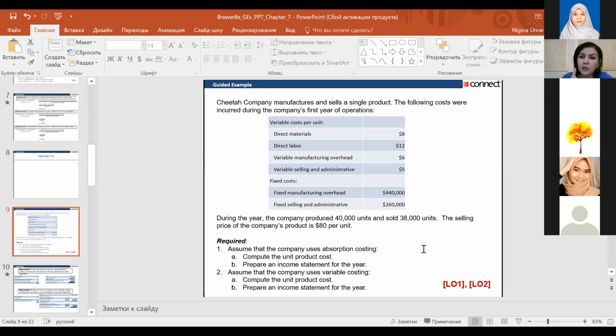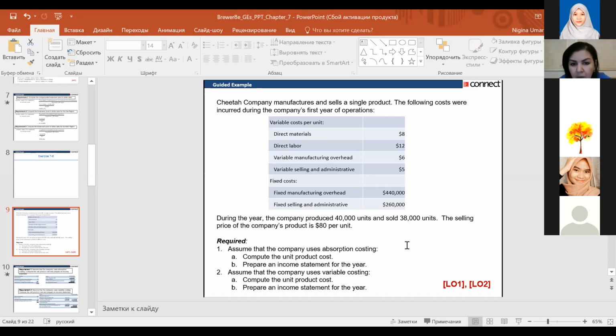Enter the cost of each unit. Direct materials. Yeah, very good. Direct materials 8, then plus direct labor 12, very good. Variable manufacturing overhead, very good, 6. And fixed manufacturing overhead.